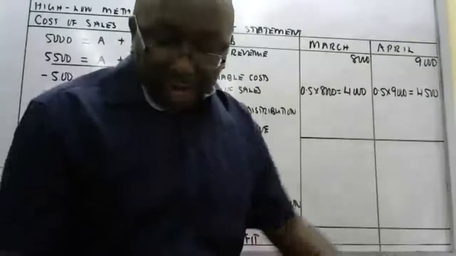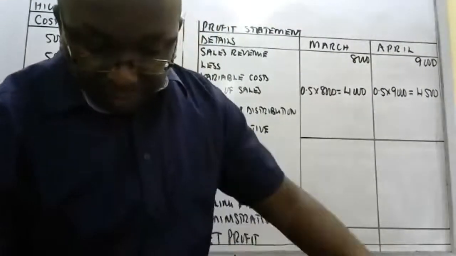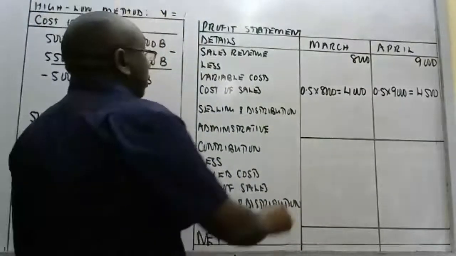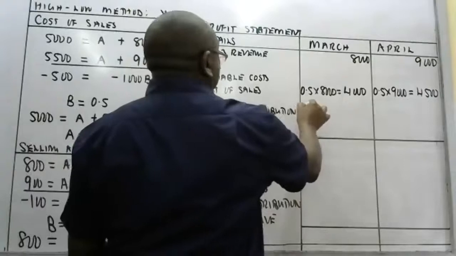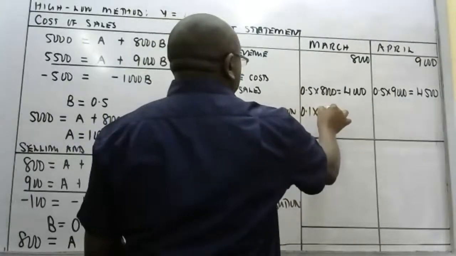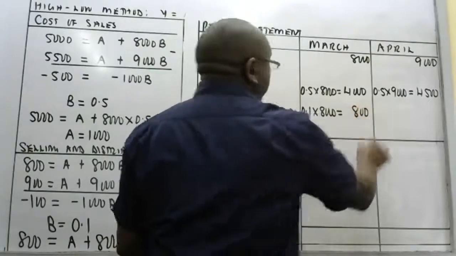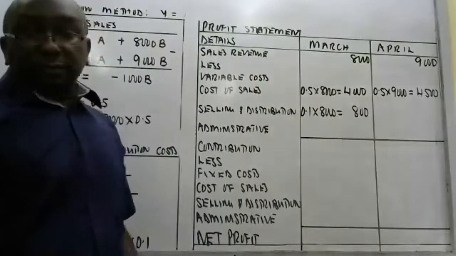Distribution, we had found the value of B as 0.1. So it will be 0.1 times 8,000, which is 800.